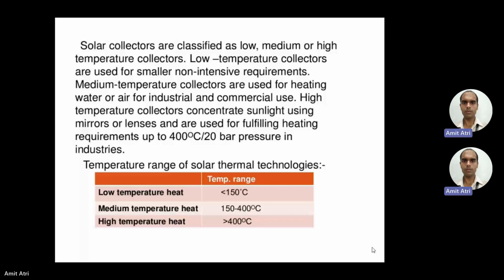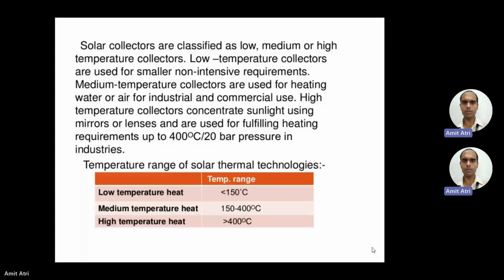We will discuss these one by one, then we will go into detail. The whole solar panel absorbs light. The whole panel will be absorbing the light because the collector and the absorber are the same, so the area is more.